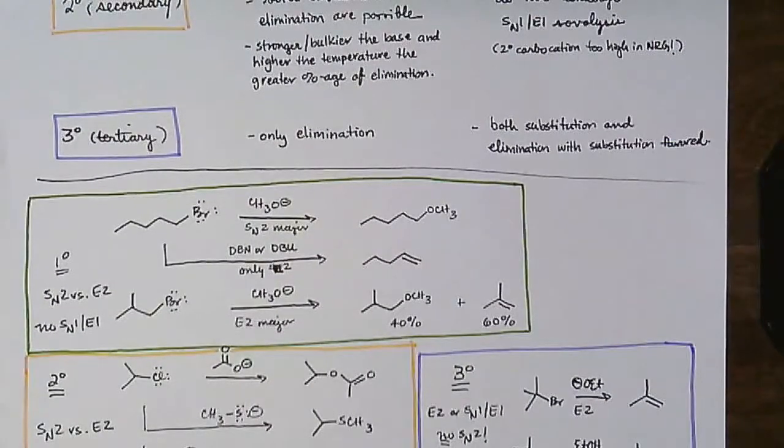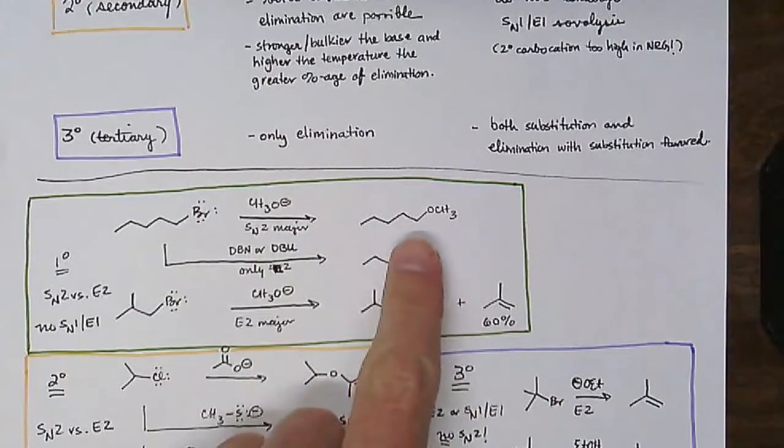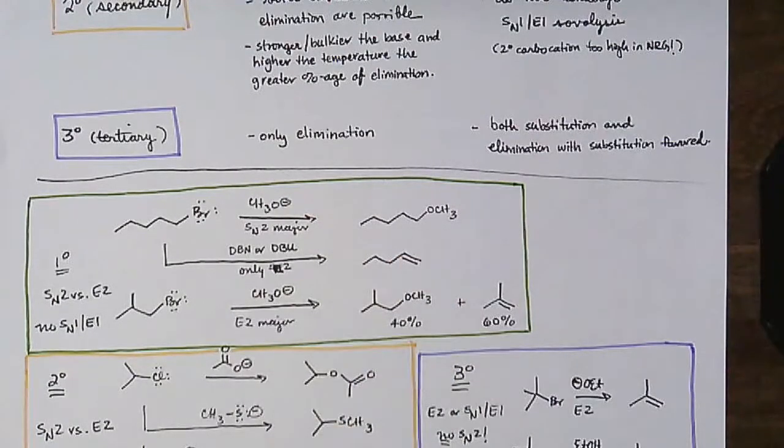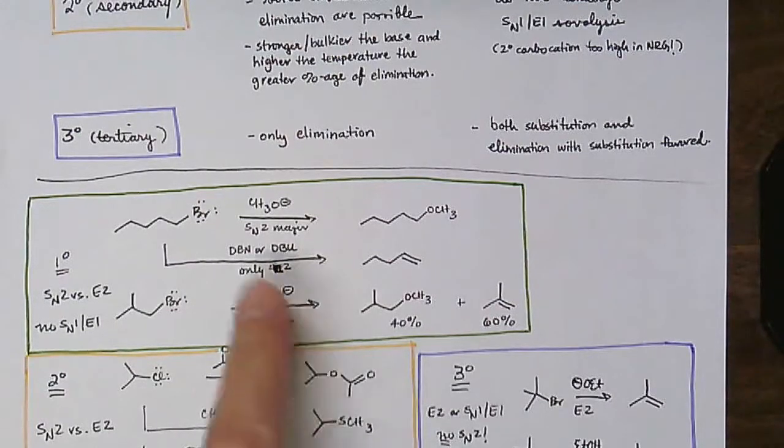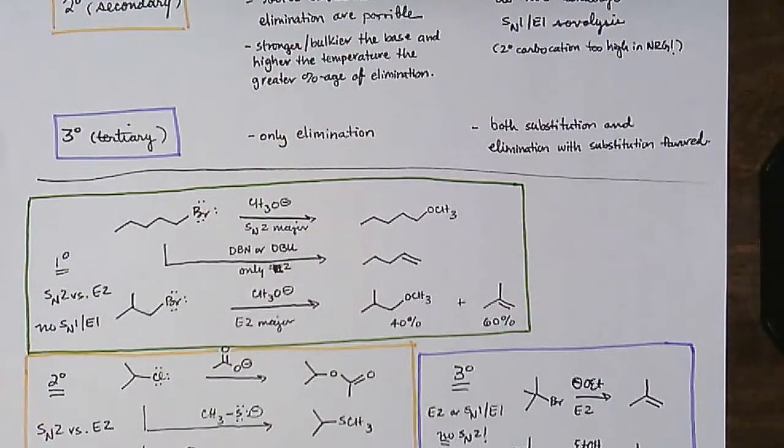In green are highlighted reactions for primary alkyl halides. The first, primary alkyl bromide. If you have a relatively low concentration of methoxide, you'll observe SN2 as the major product. And remember, SN2 is very fast for primary alkyl halides. On the other hand, if you use a bulky base like DBN or DBU, you'll get only E2.